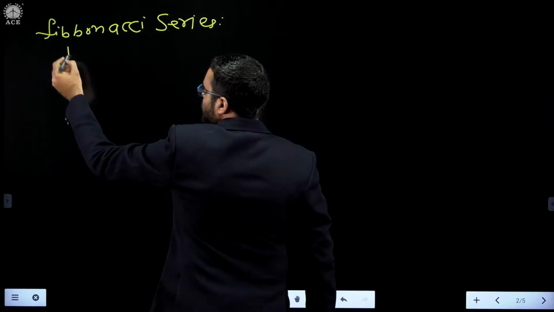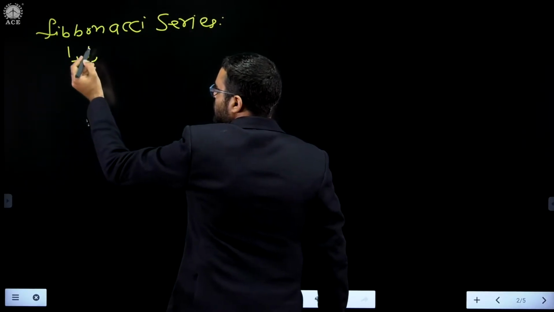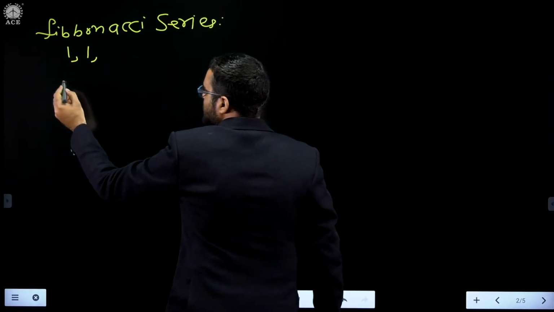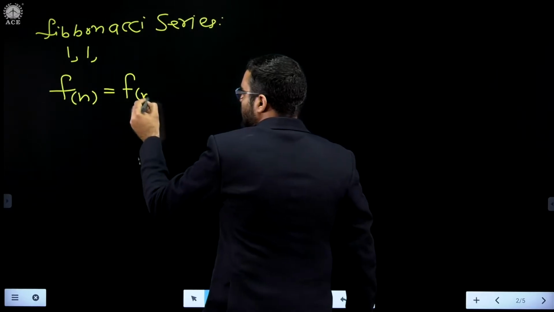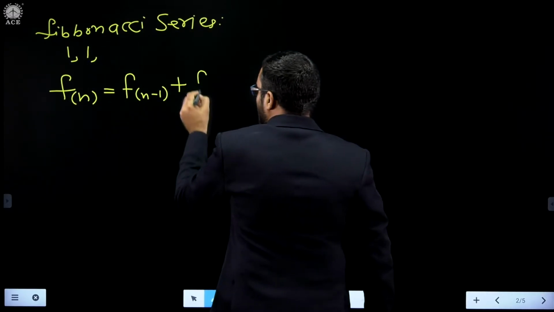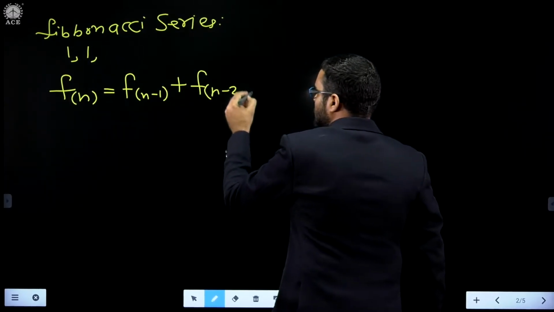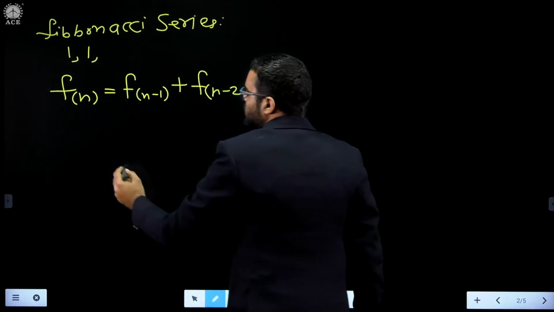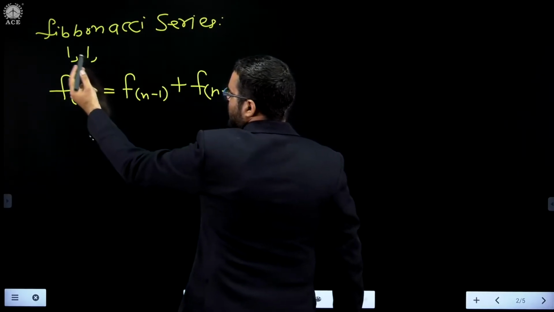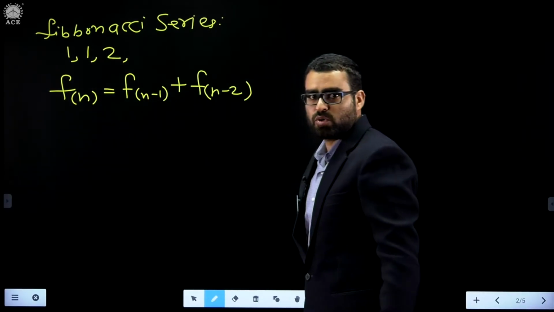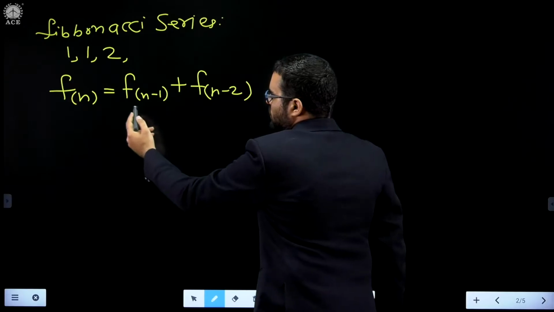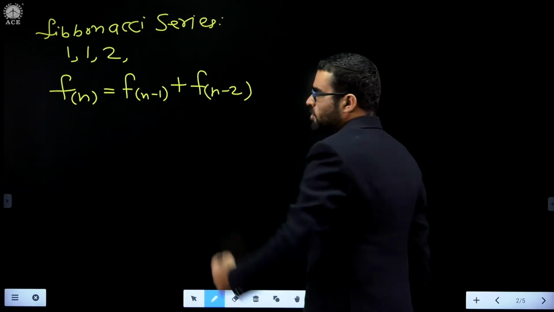In this series, the first number is 1, the second number is 1. Now Fn is equal to Fn minus 1 plus Fn minus 2. So what will be the third number? That will be the second number plus the first number, so that will be 2, because remember, Fn is basically Fn minus 1 plus Fn minus 2.